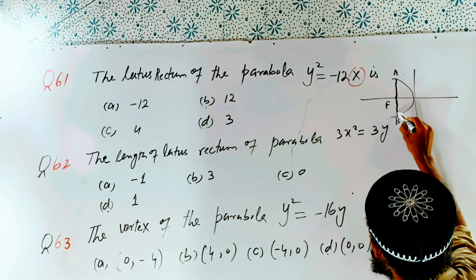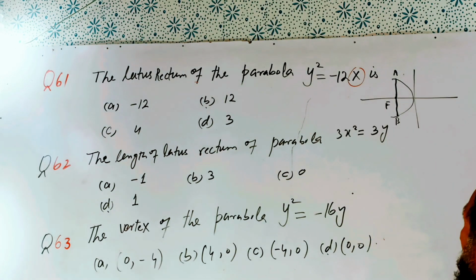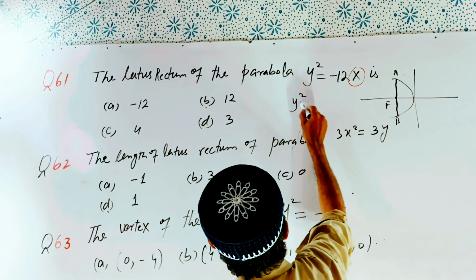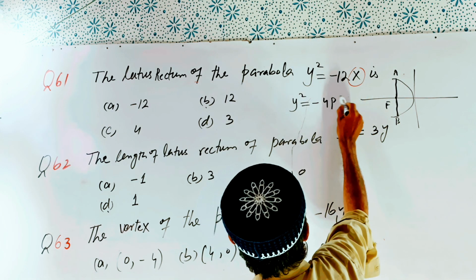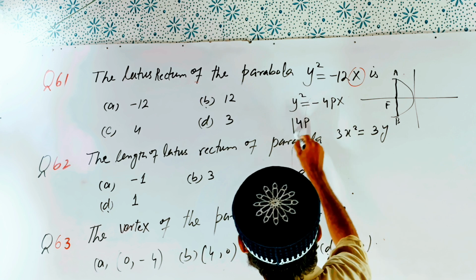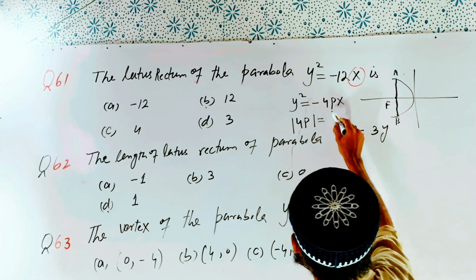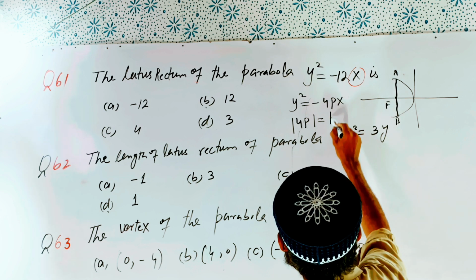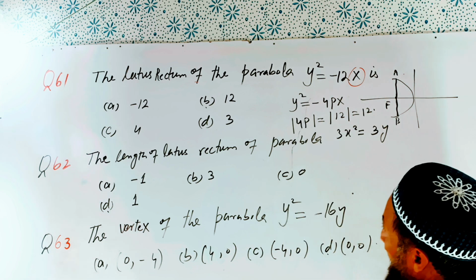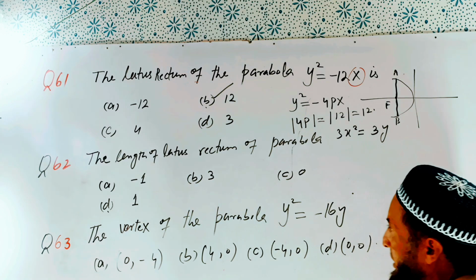If this line is perpendicular, that is called the latus rectum. The latus rectum of y square is equal to minus 4px is 4p modulus. So 4p here is 12 modulus. So the result is 12. Here option B is the correct option.